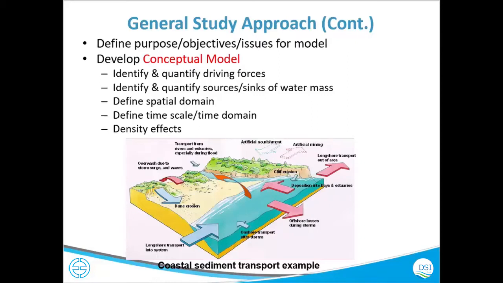Could you please talk more about the density effects? Yeah. So for example, say you have a thermal discharge, say you have a river, right? What power plants do is take cold water from the river or ocean and use it for the power plant, and they discharge the hot water, right?